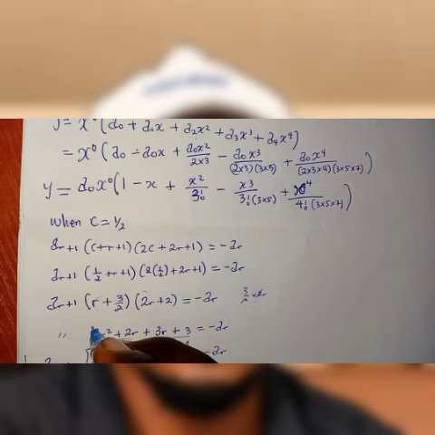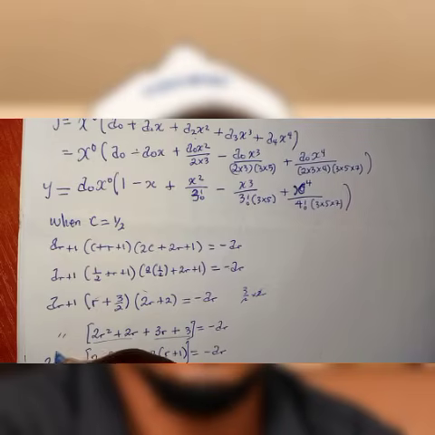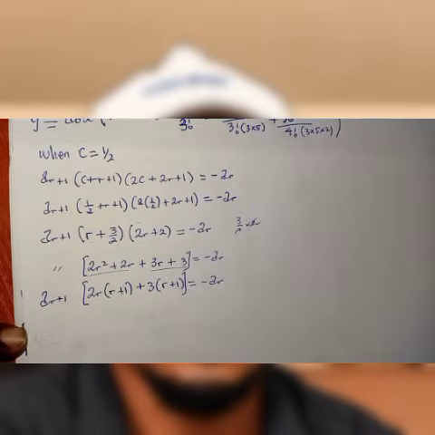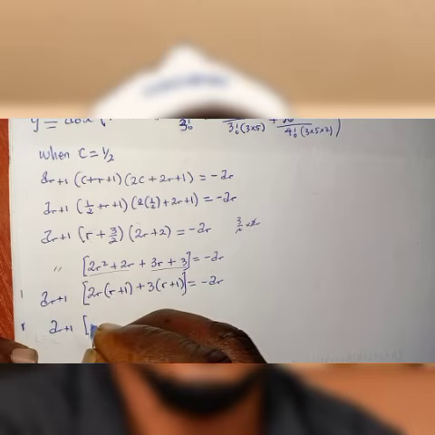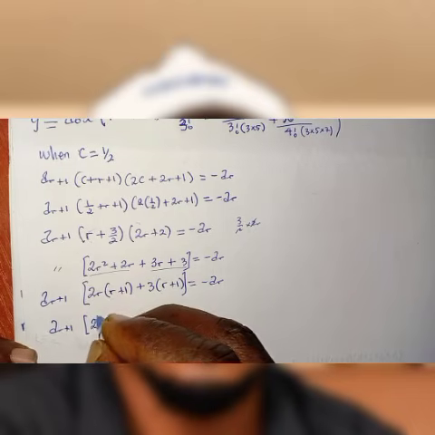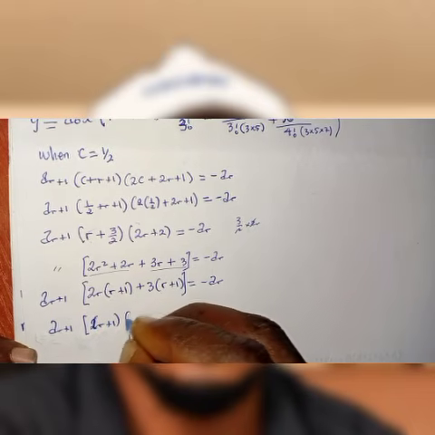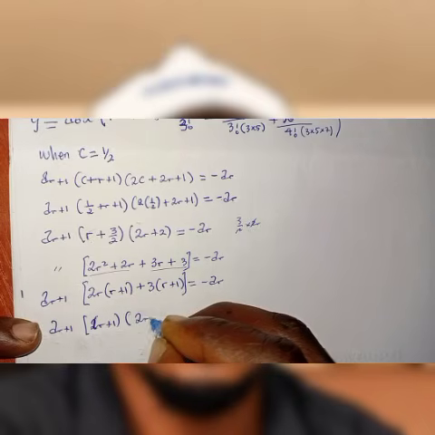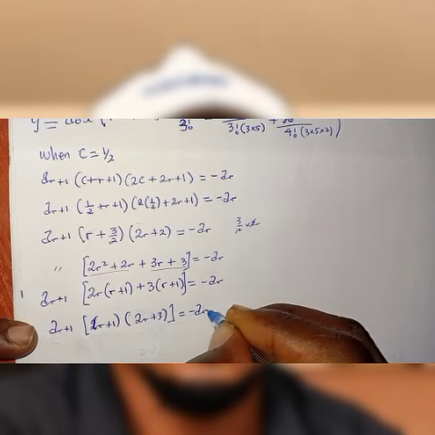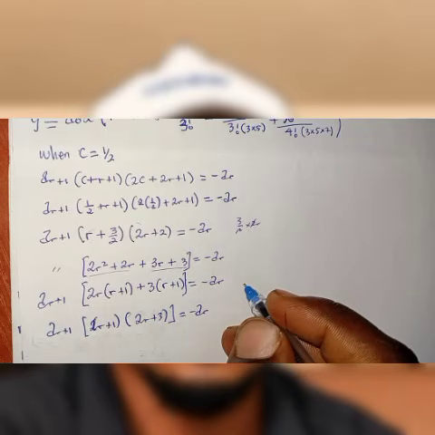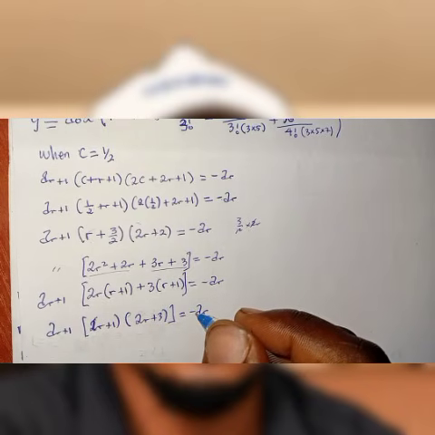Now we can write this back here. We write it here also. So from here we have r plus 1 equals r plus 1, then 2r plus 3, minus ar. So we can divide both sides.